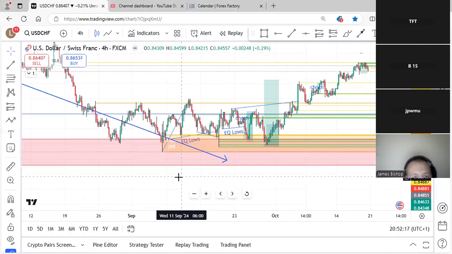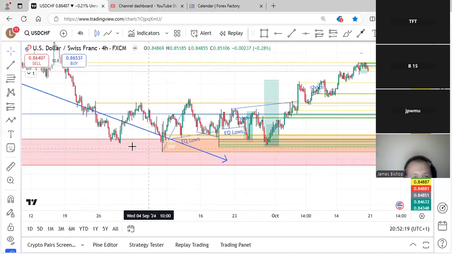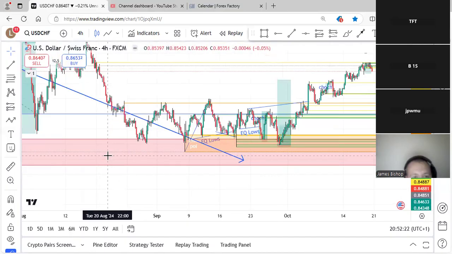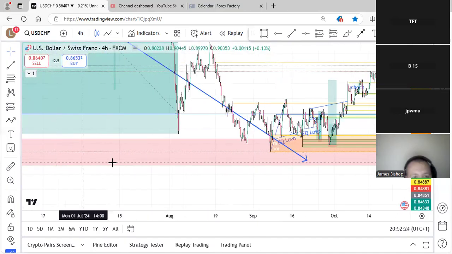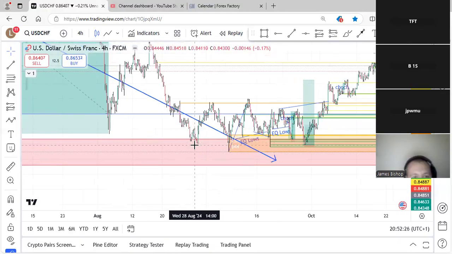Yeah. So the important one, obviously, this one here. I'll go and check back in a minute, but what I imagine is there's an imbalance in this zone here that it fills, gets a reaction, or takes a trend line or something like that.